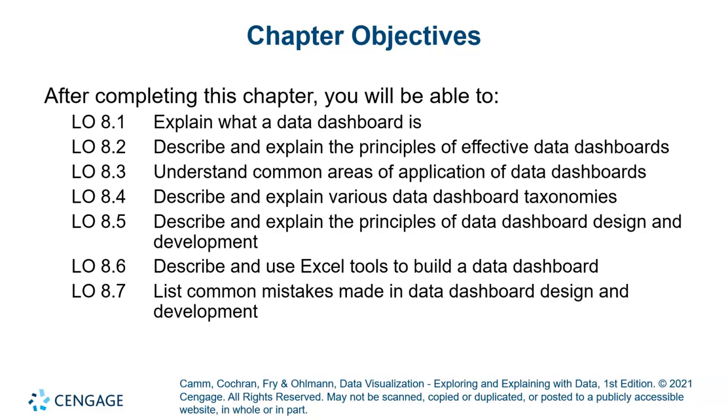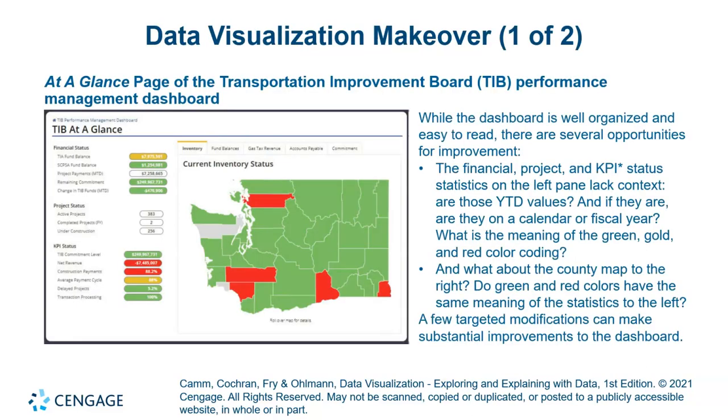We will also explain the various data dashboard taxonomies, meaning the most important ingredients or terminologies related to dashboards. Then we will describe and explain the principles of data dashboard design and development. We will also see how we can build a dashboard in Excel and in Power BI. And the last thing is to list common mistakes made in data dashboard design and development.